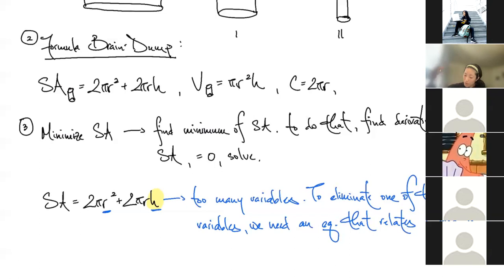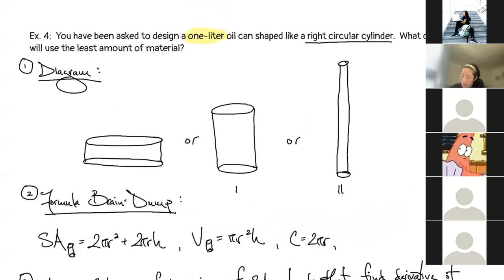So let's go back to our formula brain dump. We use the surface area, but maybe that volume one will come into play here. Now there's one unit conversion that will be very helpful here, and that is 1 liter is equivalent to 1,000 cubic centimeters.